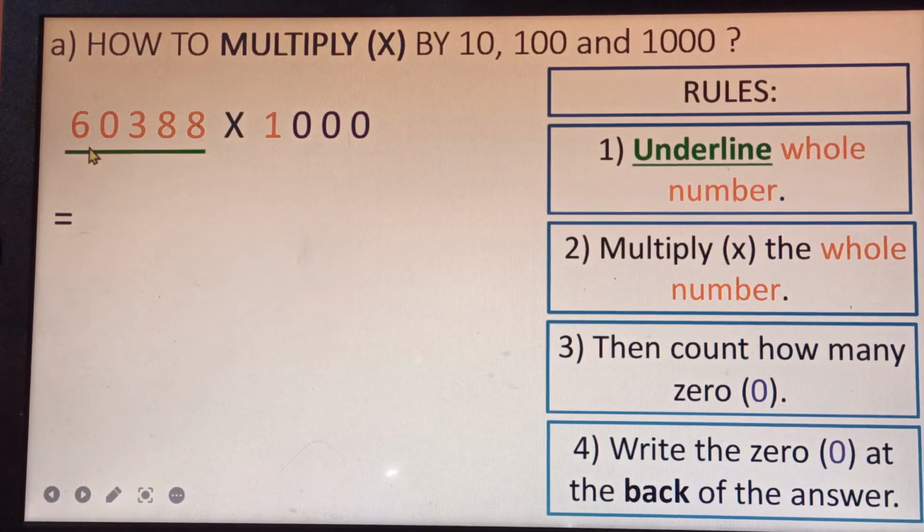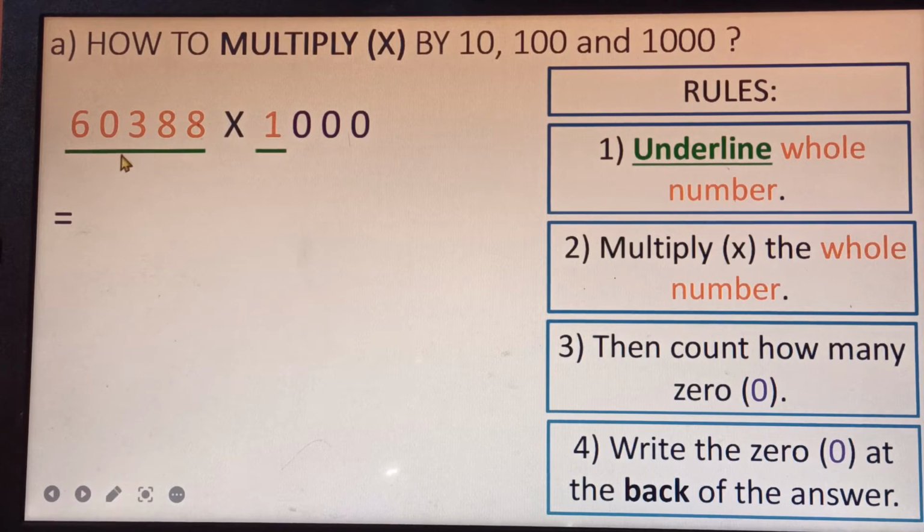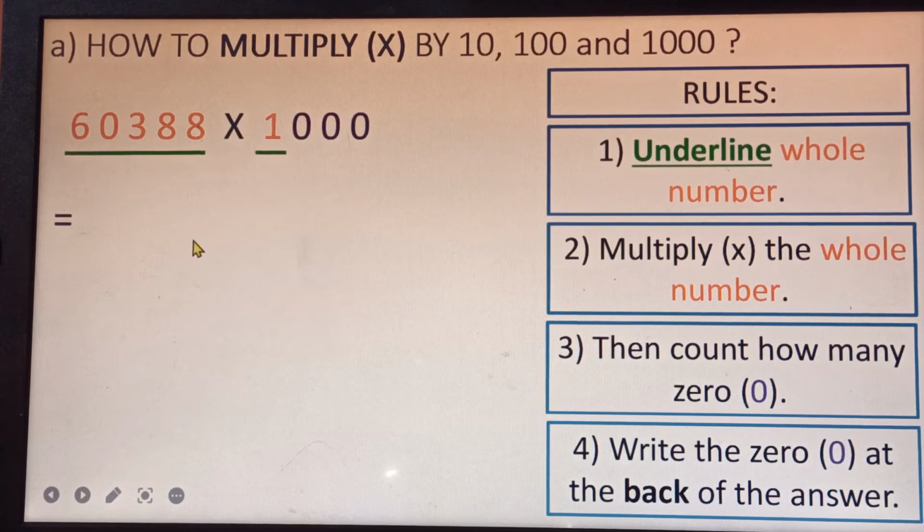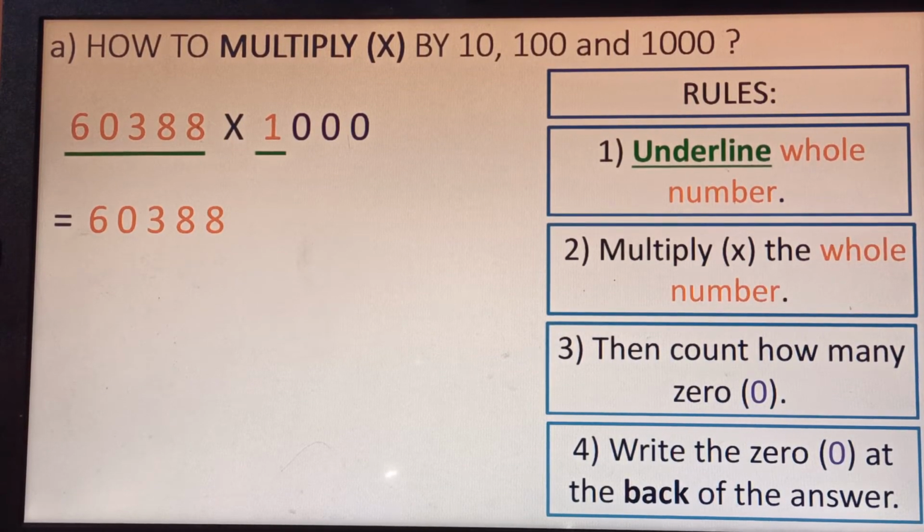Okay, whole number. So ini semua whole number. And where is another whole number? Yes, 1 is the whole number. So 60,388 times 1 equal, berapa jawapannya? Yes, 60,388 is the answer. Still the same.